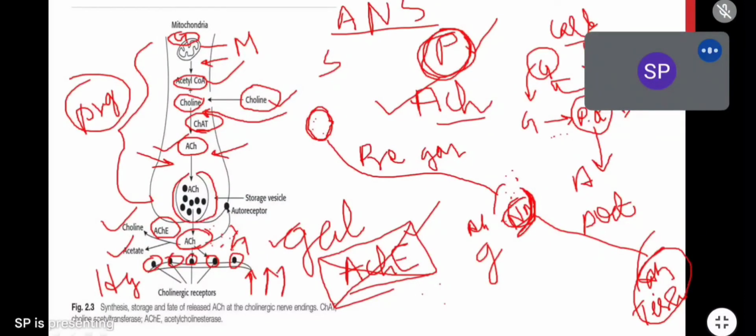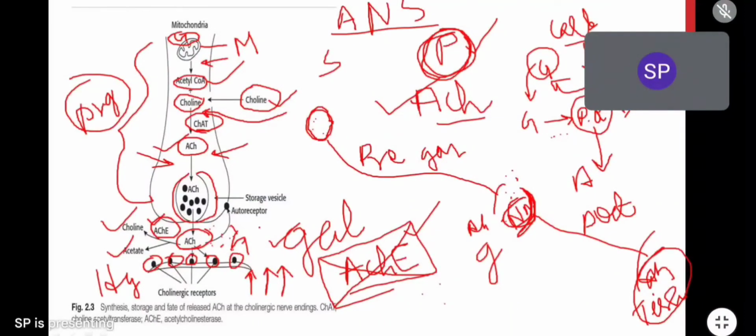Yes, the action of acetylcholine will increase. When? If the acetylcholinesterase enzyme is inhibited. There are so many drugs available in the market that inhibit this enzyme. If this enzyme is inhibited, what will happen? It will increase acetylcholine actions.